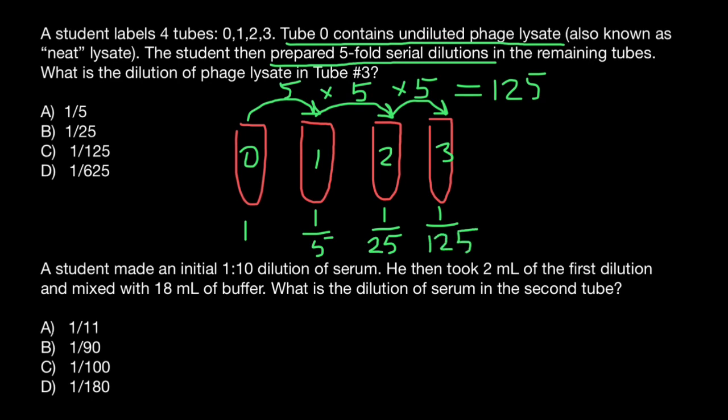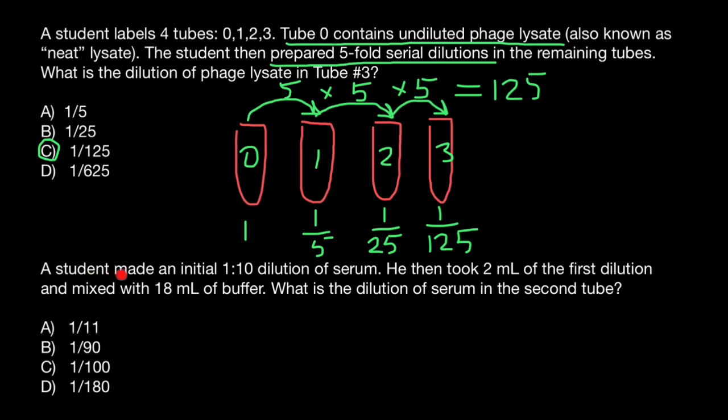In this serial dilution, 5 is the dilution factor. We get a 125-fold dilution, and the concentration is going to be 1 divided by 125 of the initial concentration. So as you see, our answer is C.